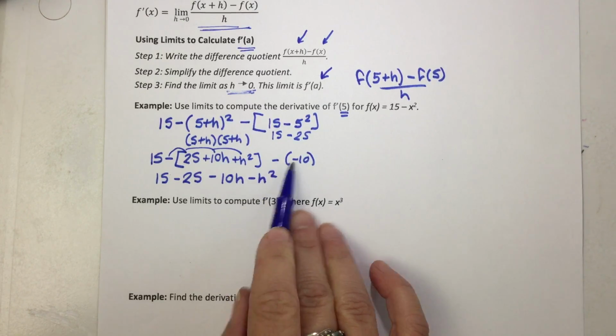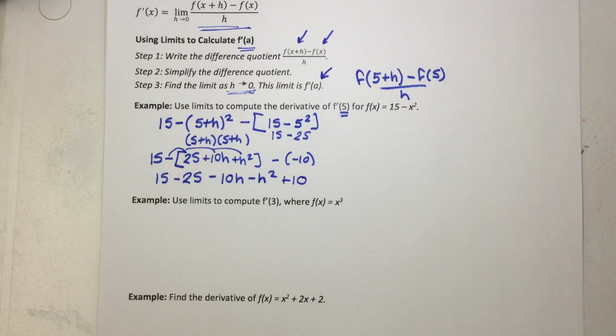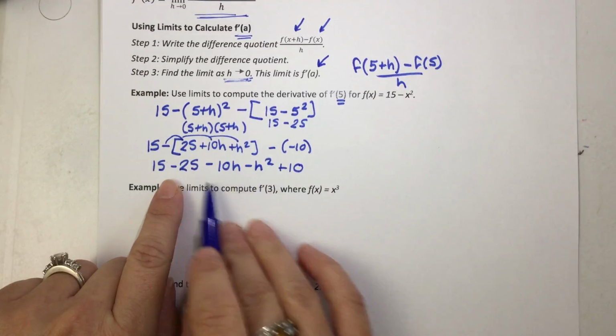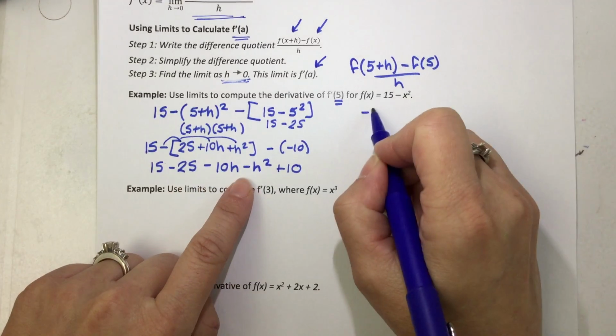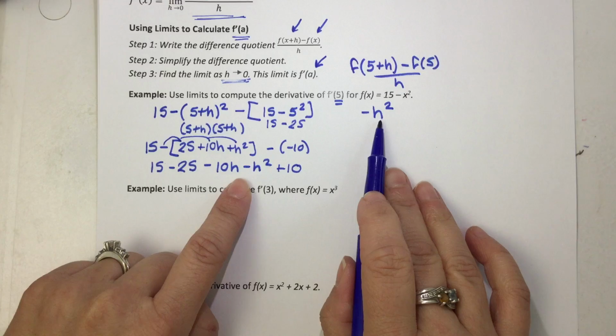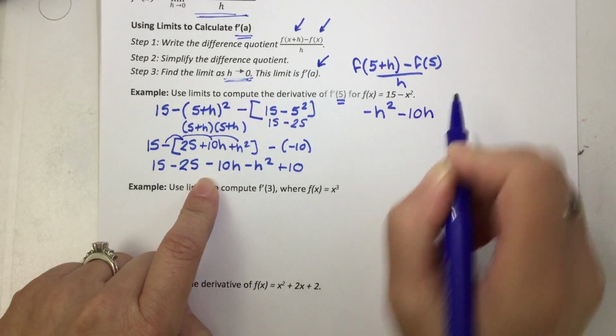If you minus a negative, this becomes a positive 10. Combine the like terms, and although you don't have to put it in standard form, I just want to do that because I notice I have h's squared, I have h's, I have 3 constants. So just to organize it in my mind, I'm going to go standard form. So negative h squared minus 10h.